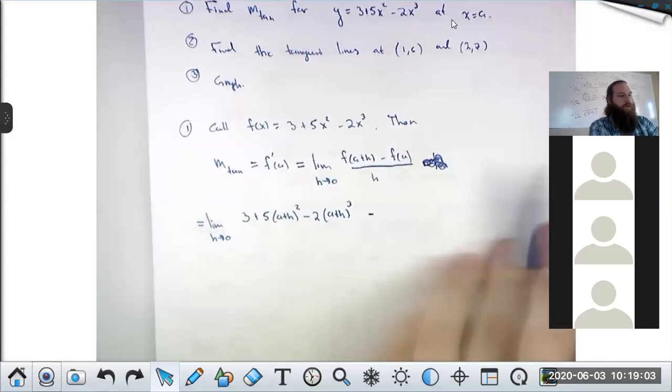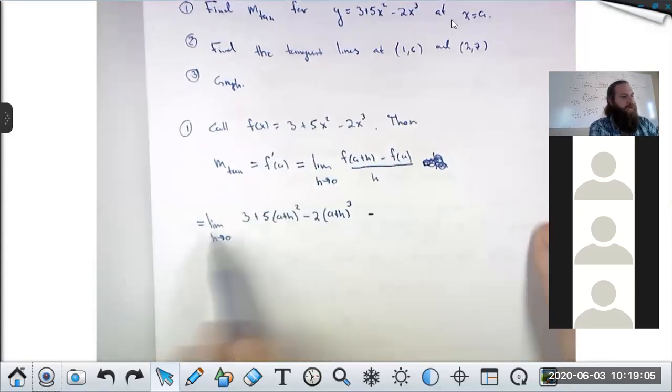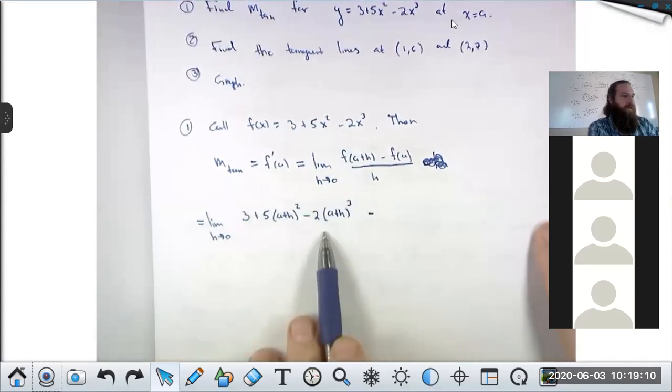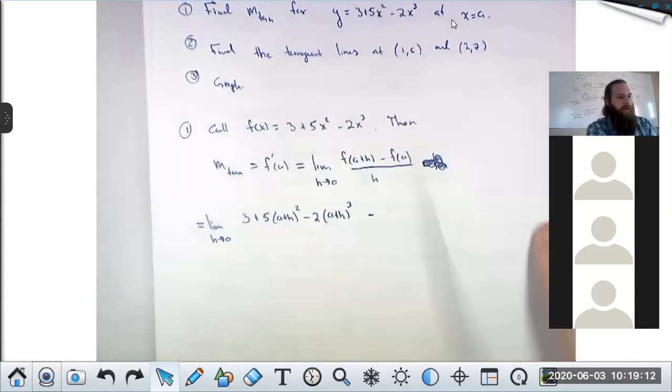So I was going to continue it over here, but I don't think there's room, so we're continuing down here. f of a plus h is this thing, because I take f of x and I swap in a plus h for x. Now I'll need to subtract off f of a.